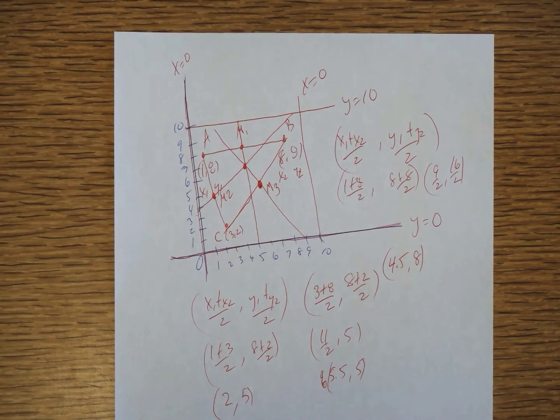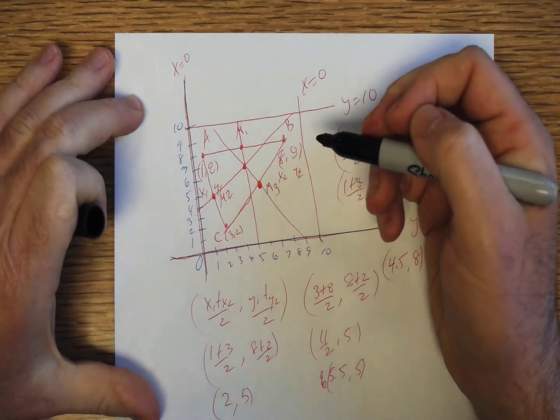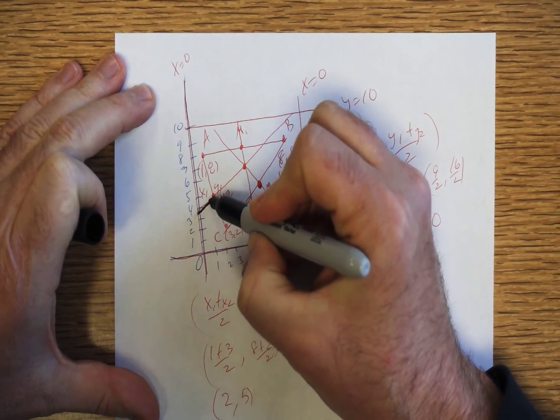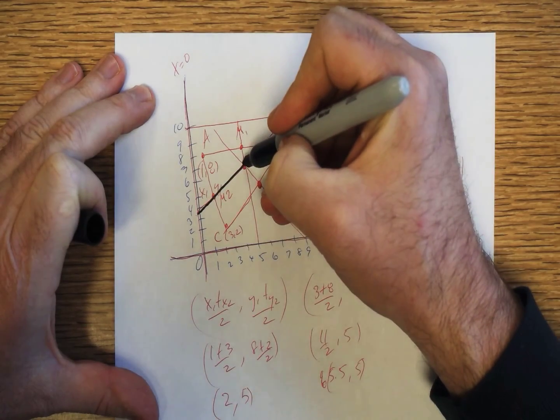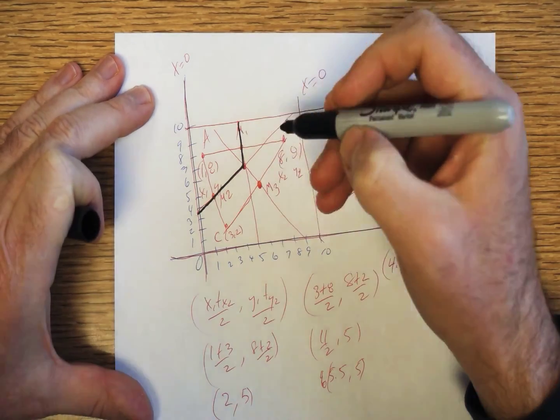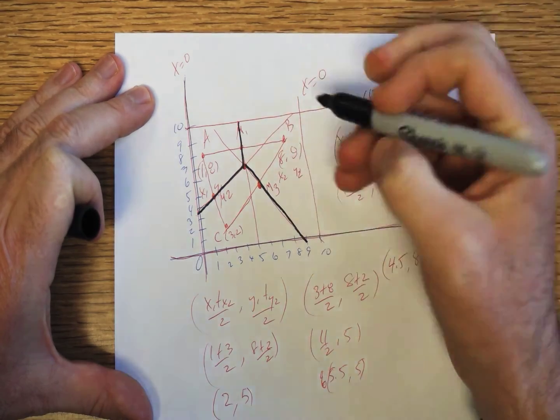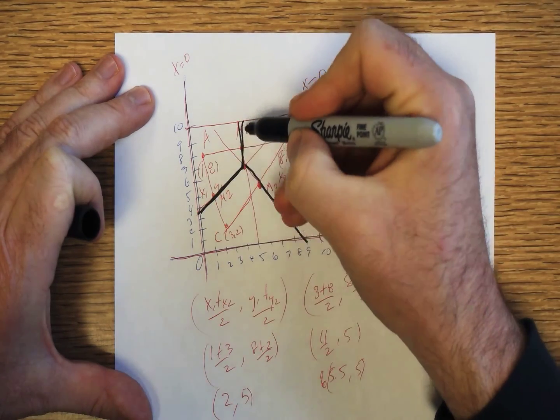But how do we know that? Well, the Voronoi diagram helps us answer that question. And we have some boundaries that are created by the intersections of these perpendicular bisectors.